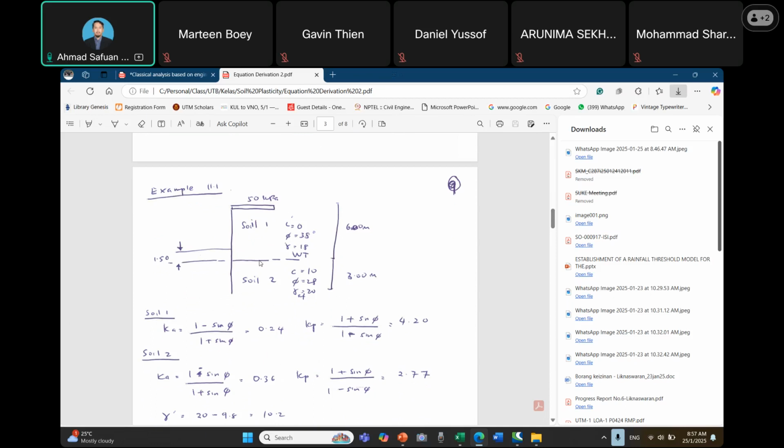So it means that we should calculate for the initial at 6 meters and the last one at the end of the sheet pile layer.